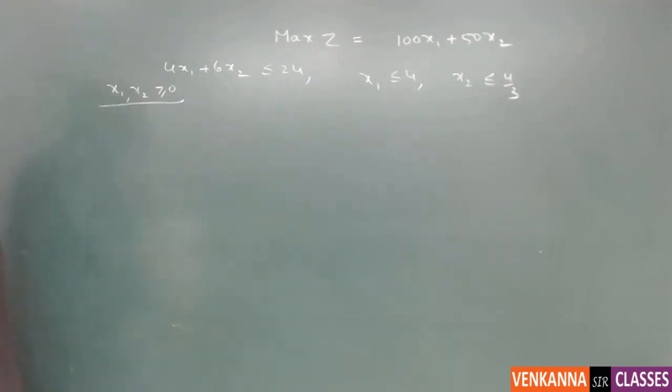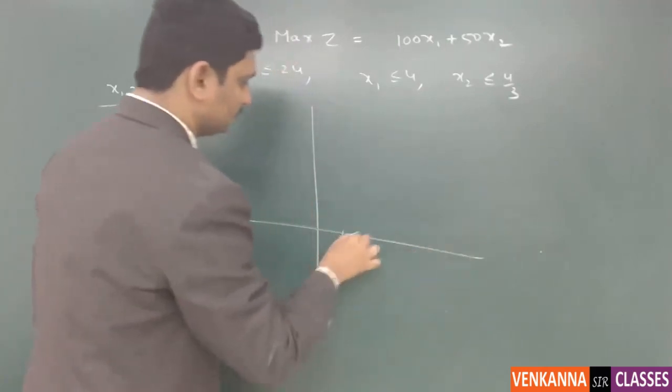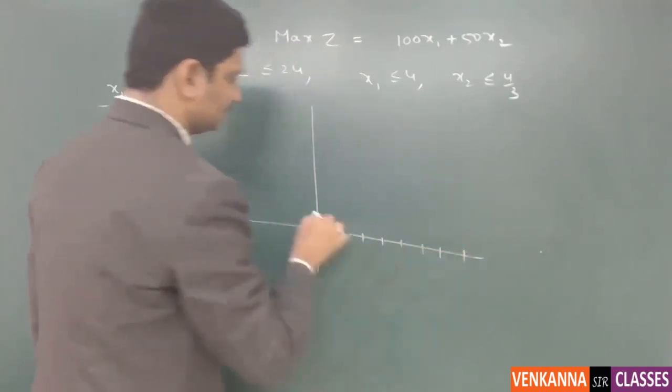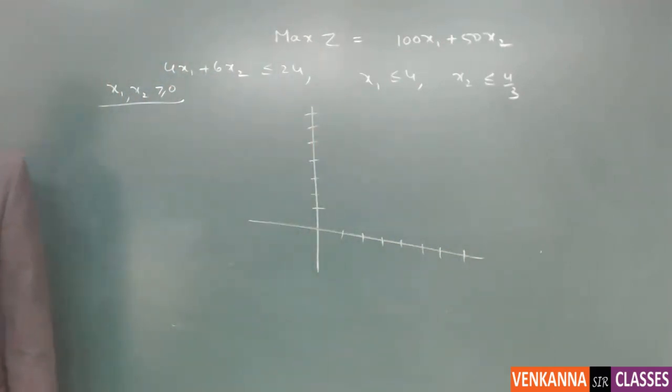Fine. So let us draw the graph for it. Exactly. Now I am going to discuss these things with regard to the limitations of the simplex and LPP after discussing a problem. Fine.